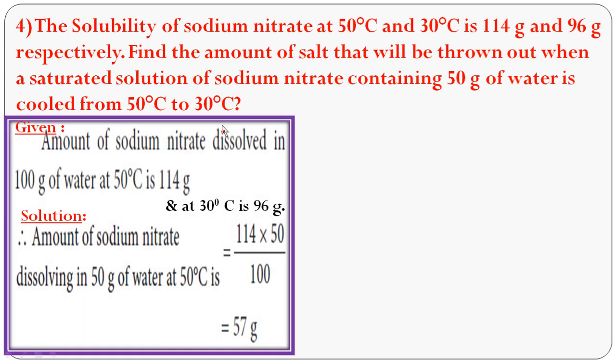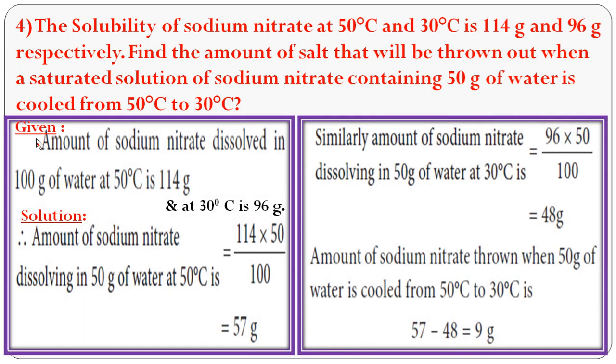So here what is given? Solubility, the amount of sodium nitrate dissolved in 100 gram of water at 50 degrees Celsius is 114 gram and at 30 degrees Celsius is 96 gram. So it is given. You have to find for 50 gram.